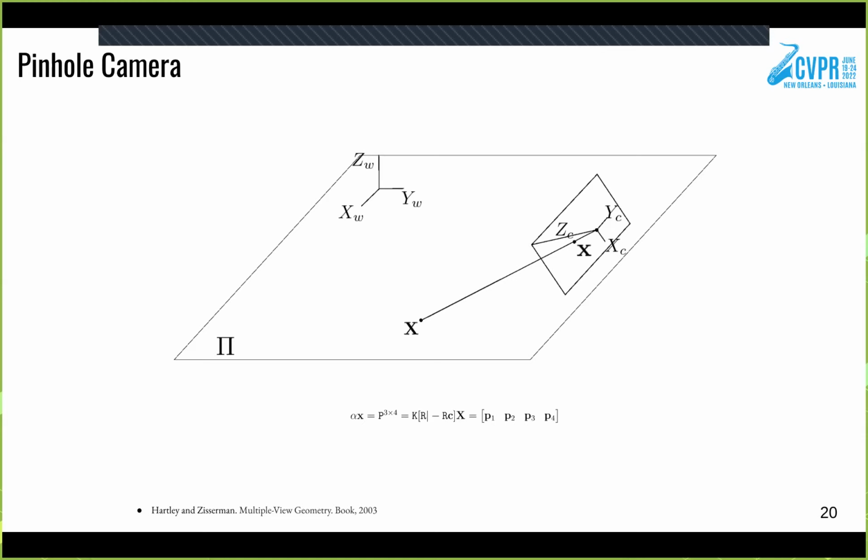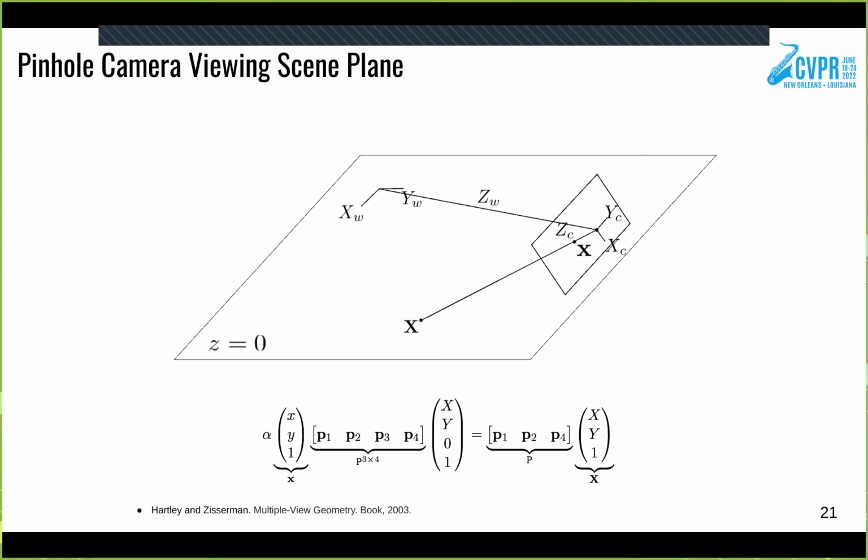We have a simplifying assumption, which is that our points are planar, at least our affine covariant regions. So we can simplify the geometry a bit and work with homographies instead of camera matrices. If we make a nice choice of coordinate system, where the plane is the plane z equals 0, the third column of the camera matrix is annihilated by all points in the plane.